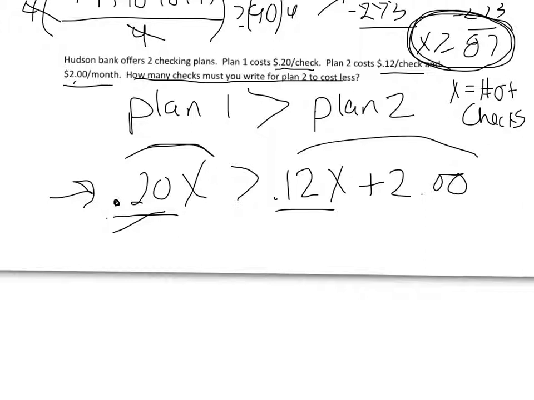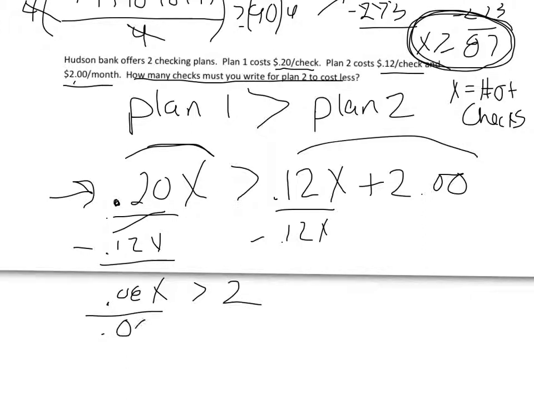So here we want to get the x on one side, so subtract 0.12x. So 0.08x is greater than 2. Divide by 0.08. And 2 divided by 0.08 is 25.